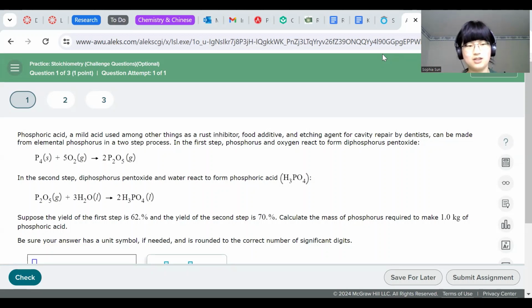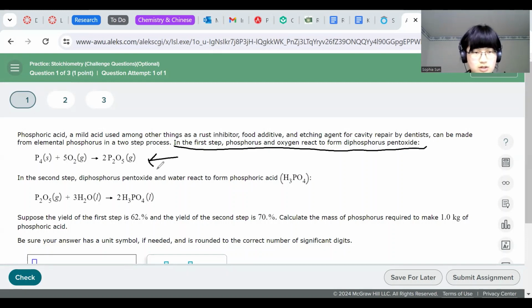So to give you some more context, if we read the question here, it says, in the first step, phosphorus and oxygen react to form diphosphorus pentoxide, and that's this reaction. And then in the second step, diphosphorus pentoxide and water react to form phosphoric acid, and this equation.